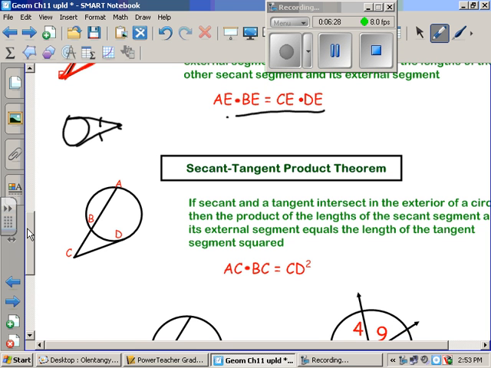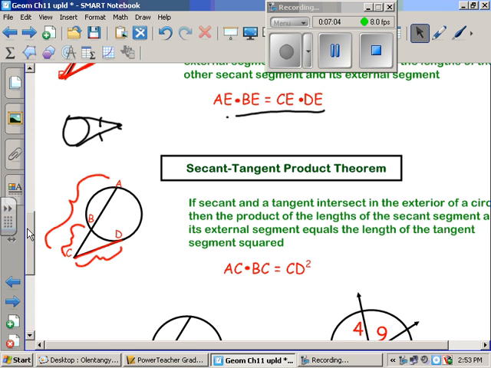It's just that this part down here, this CD, doesn't have a part that goes through the circle. So we're still going to do the whole thing, AC times BC, but on the other side, that's going to be equal to just CD squared. Because there's only one piece on this side, it's missing a piece. So instead, we just multiply by itself twice. So it's AC times BC equals CD squared.